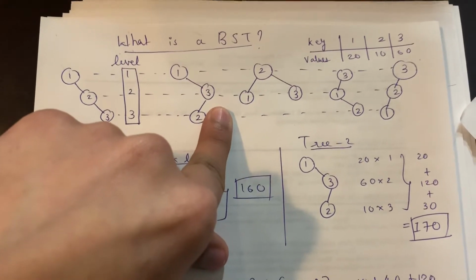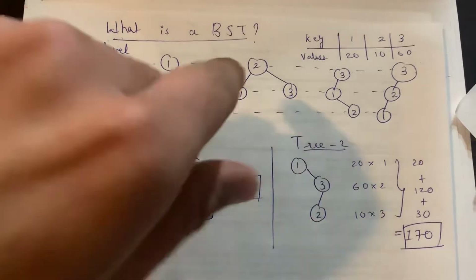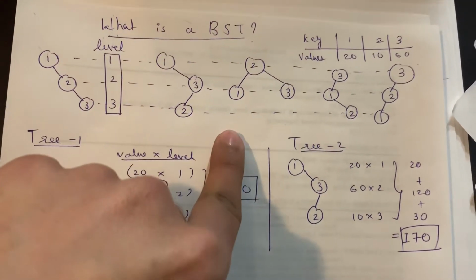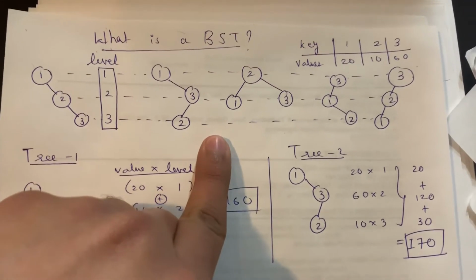But the question here that we're trying to solve is, which binary search tree should we use? Which is the optimal? And now the bigger question here is, what is an optimal binary search tree?